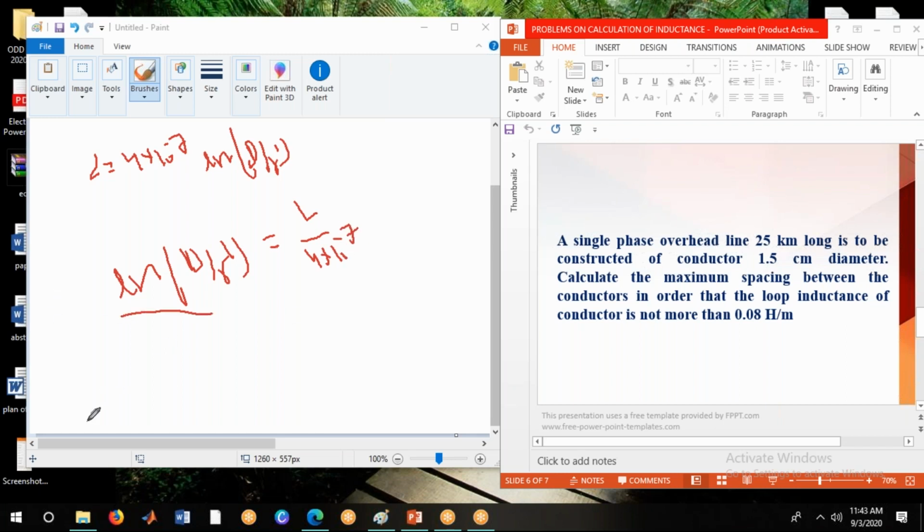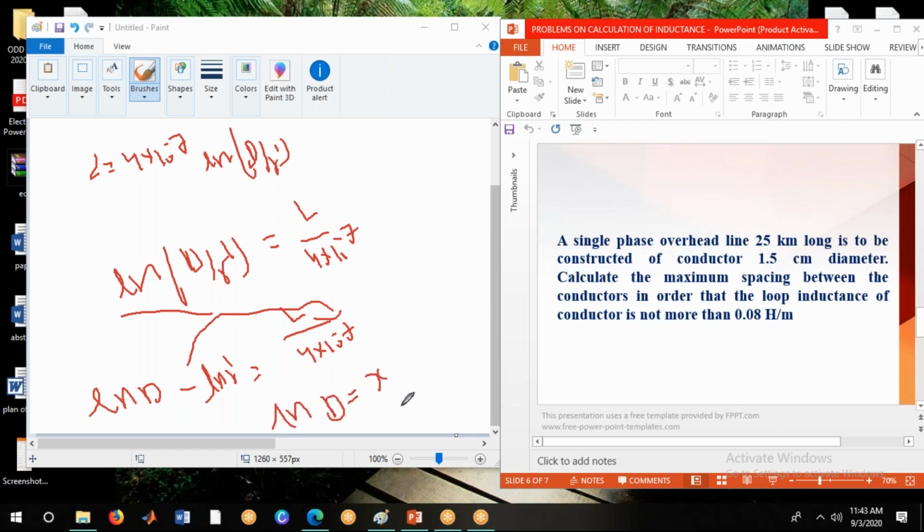So we can write ln D minus ln R dash equals L divided by 4 into 10 power minus 7, and bring this value to this side, then you will get ln D equals to some x value.